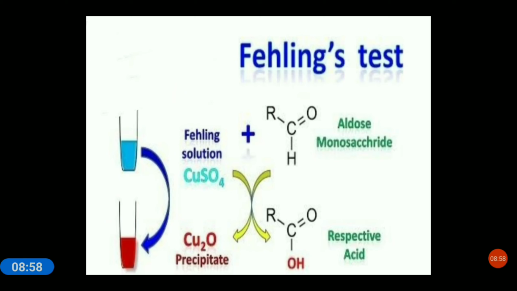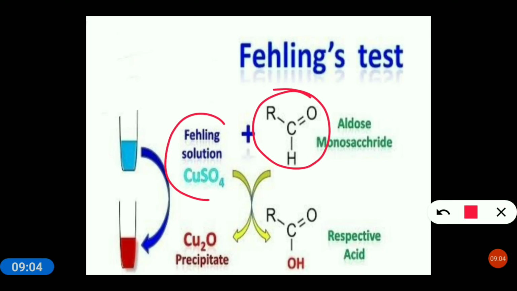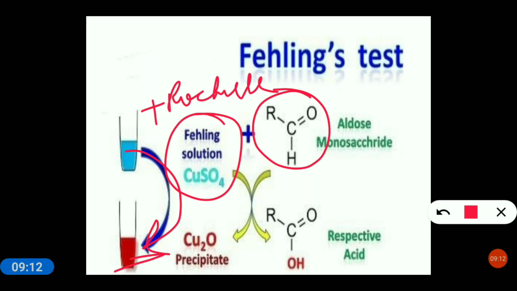So here aldehyde reacts with Fehling solution where Rochelle salt is also there and you will see a red precipitate. This red precipitate is due to Cu2O, which indicates the presence of aldehyde.